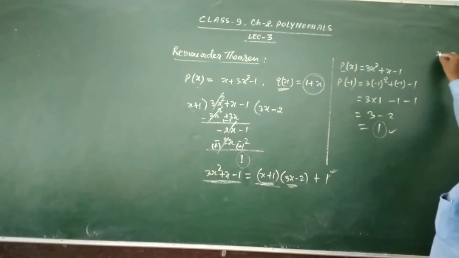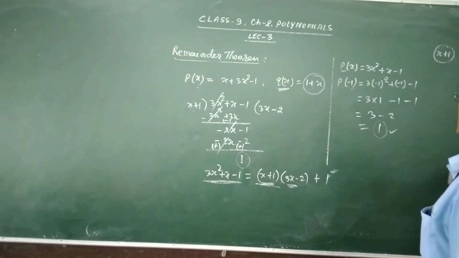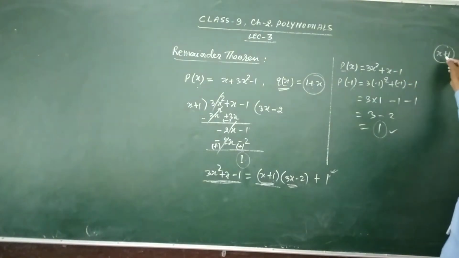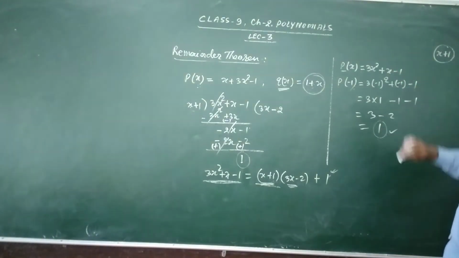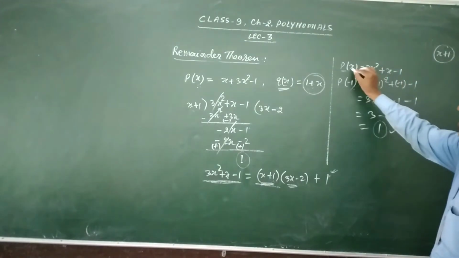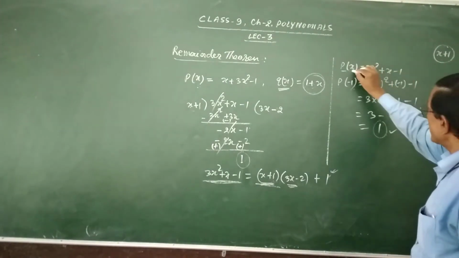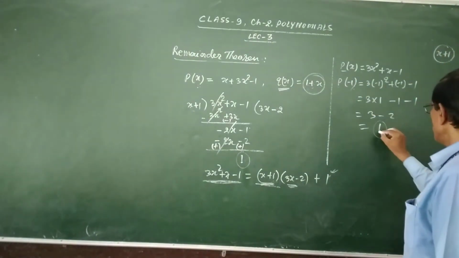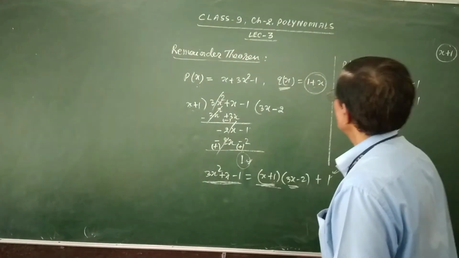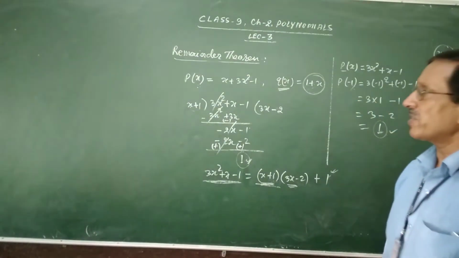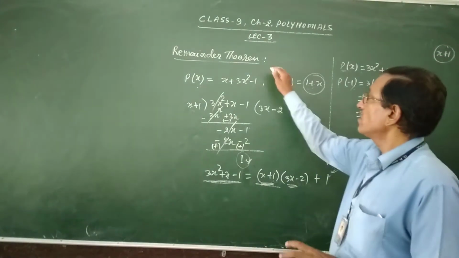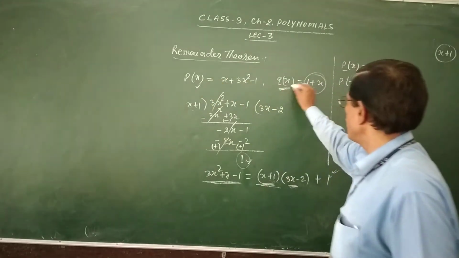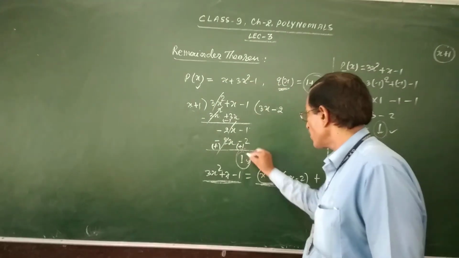When any polynomial is divided by x plus 1, the remainder theorem tells us that if we put the value of x equal to the zero of this polynomial, that means p minus 1 is equal to the remainder. So there is a short method to find the remainder if any polynomial is divided by another polynomial. Here this polynomial is divided by this polynomial. By actual division we are getting the remainder 1.